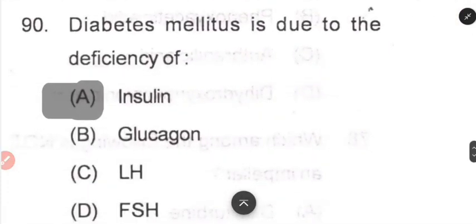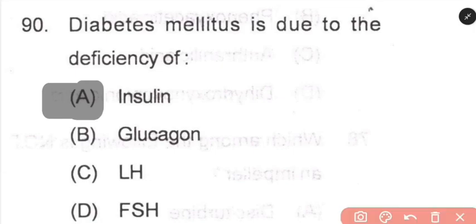Diabetes mellitus is due to the deficiency of insulin, the hormone responsible for this. By that, glucose is not utilized, the level of glucose is not properly maintained in the blood, and proper utilization of glucose does not happen.